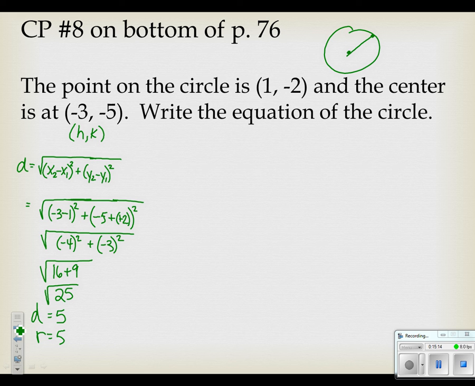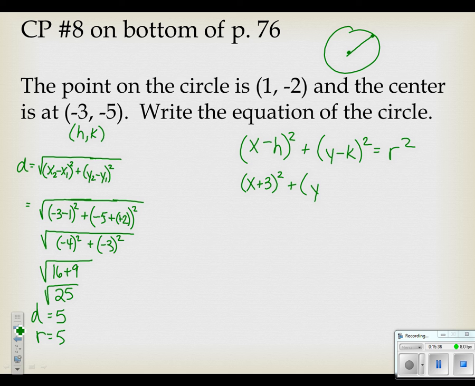Remember from our previous slide, we're looking to fill in this thing. h again was -3. x minus h is going to be x plus 3. y minus k, k is -5, so y minus -5 will be y plus 5. Our radius we just found was 5. Square it, and we get 25. So that would be the standard form of this equation of a circle, right there.